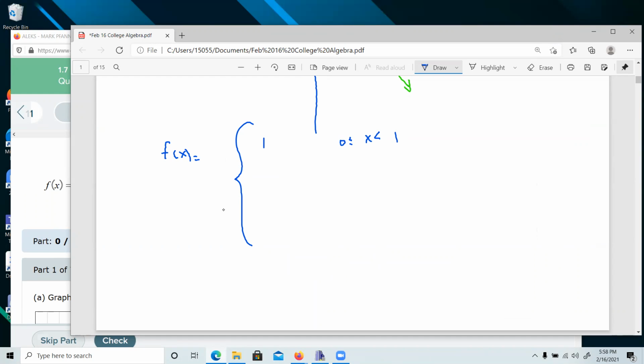And let's look at 1 minus x squared from 1 on to 2.